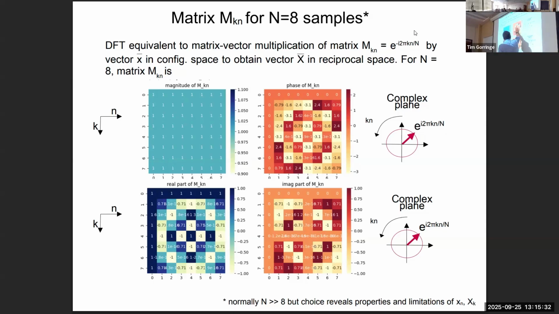So I plotted the matrix in four different ways here, or at least I plotted components or aspects of the matrix in four different ways. Remember that we've got 8 elements of time domain data, and an equal size array for the frequency domain data. The matrix is then an 8 by 8 matrix that multiplies the time domain to get the frequency domain.